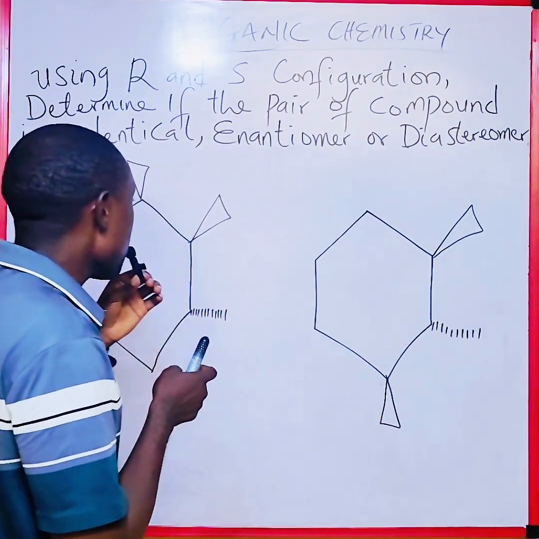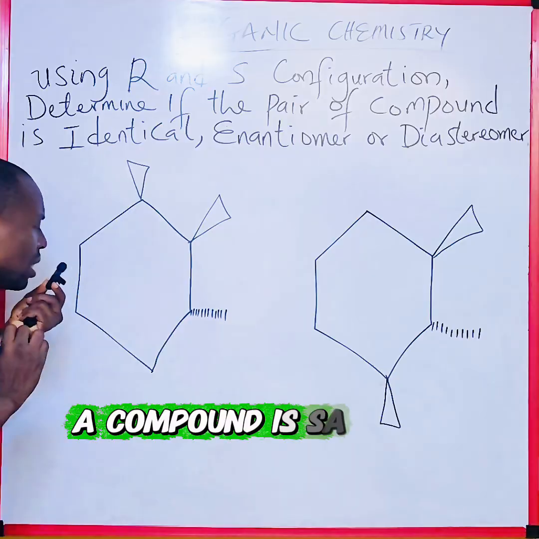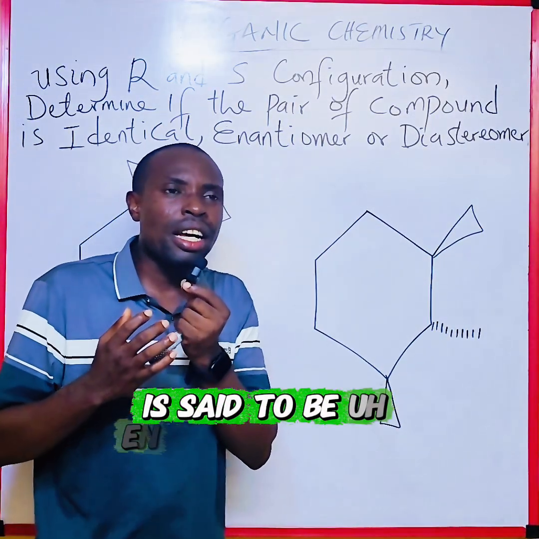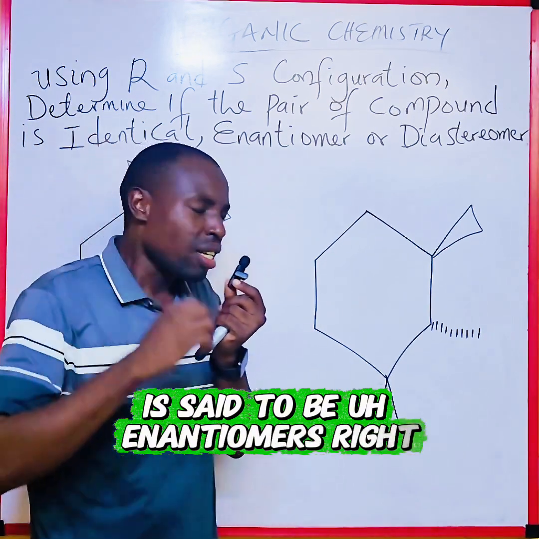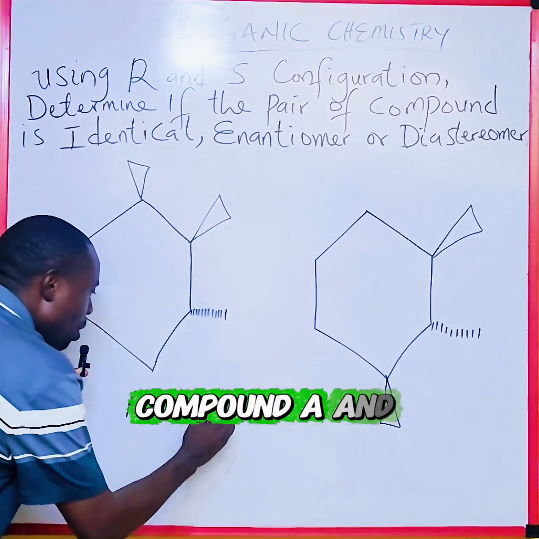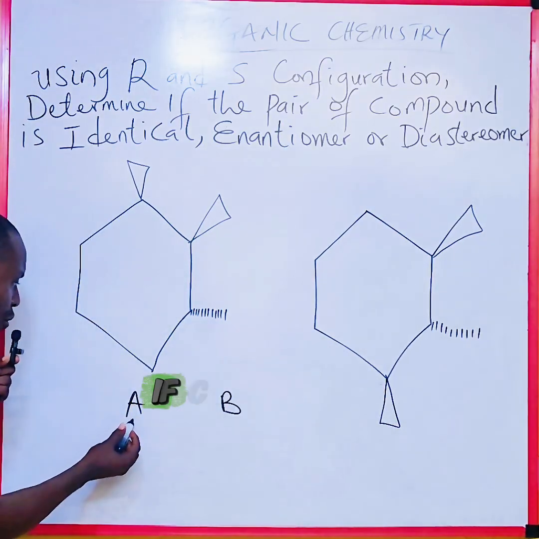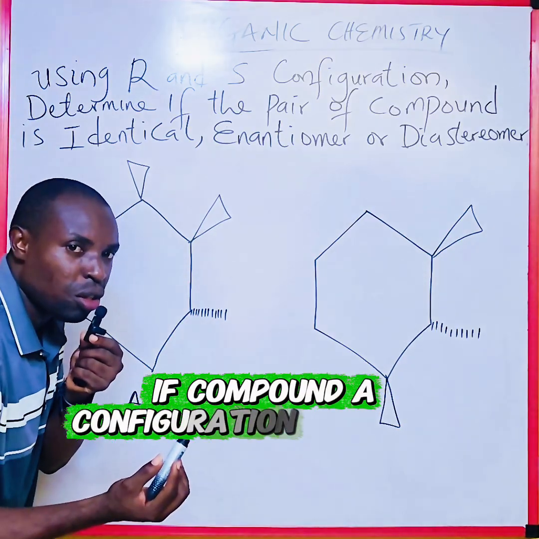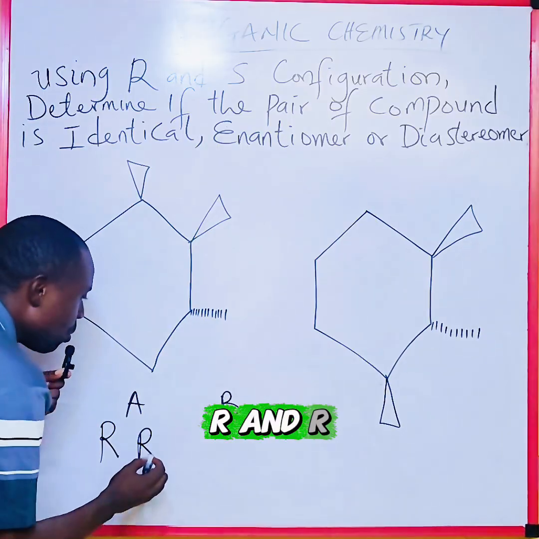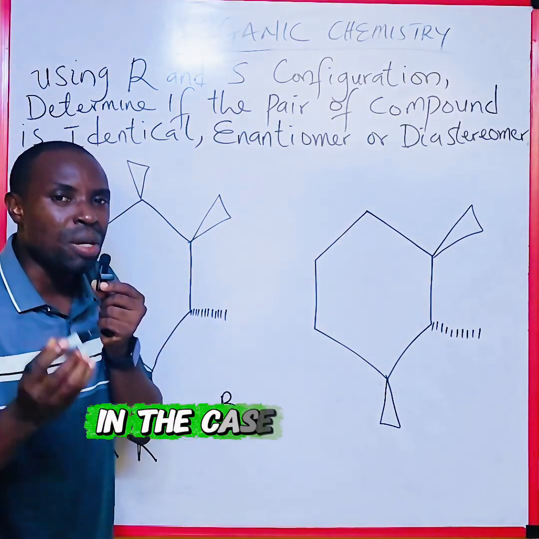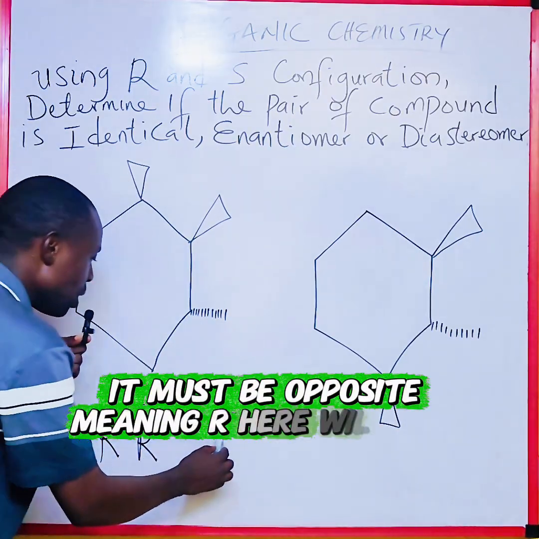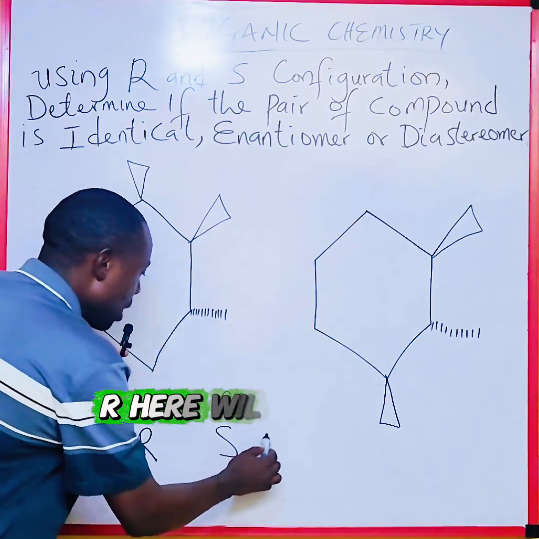For example, if I'm having two compounds, A and B, and compound A's configuration for the arrow and X is arrow and arrow, in the case of B it must be the opposite, meaning arrow here will be X here, arrow here will be X here.